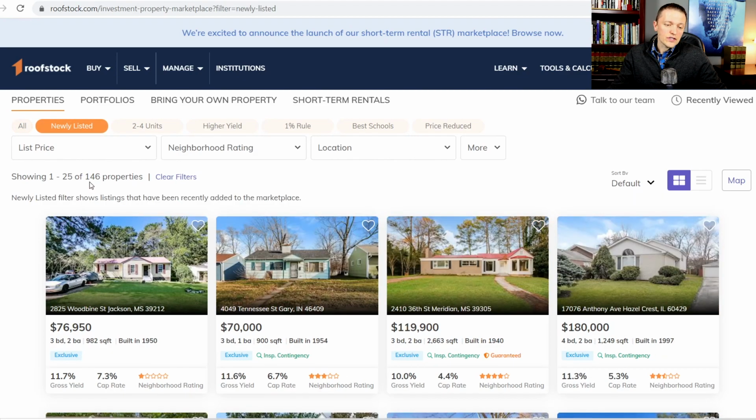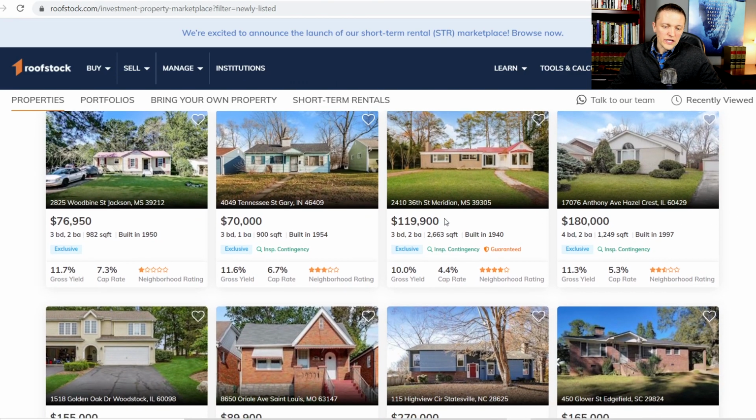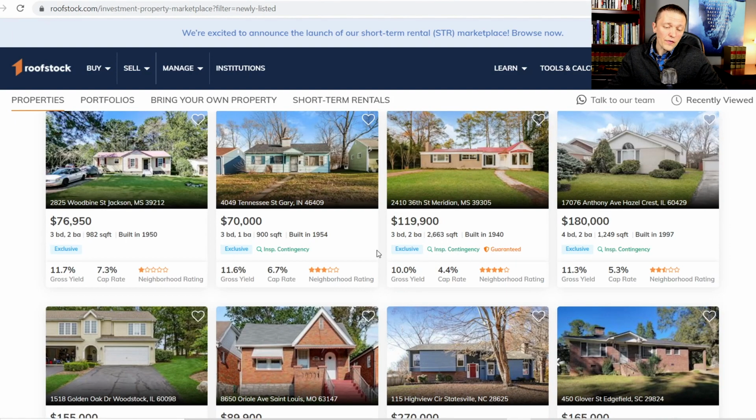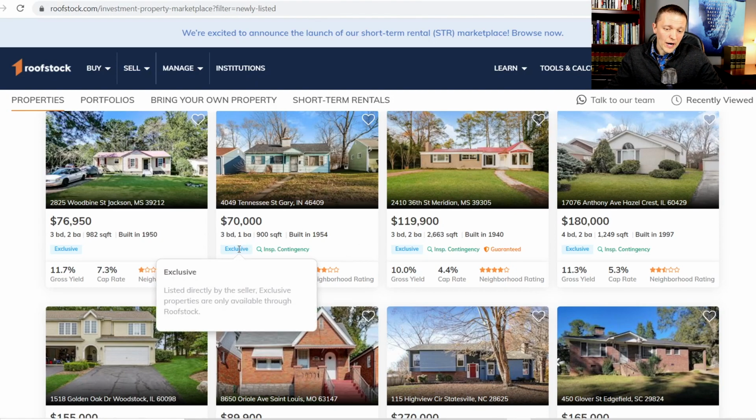and that takes us to 146 properties. So it takes us down to 146. And you will see here, each of them is kind of listed in a snapshot. You have a photo, cover photo, price, address, bedrooms, bathrooms, square footage, and then we have all the labels that I mentioned in the earlier part of this video. So for example, this property right here in Indiana on Tennessee Street is an exclusive listing.